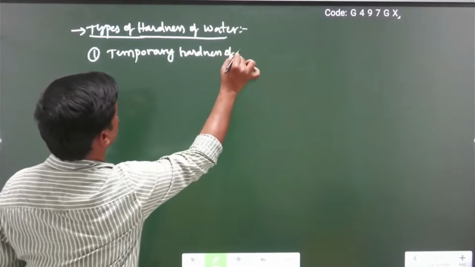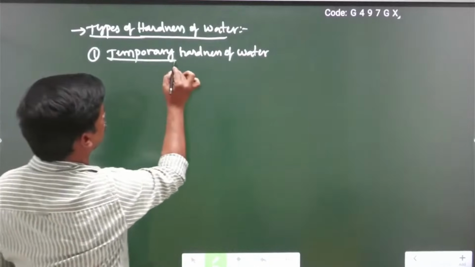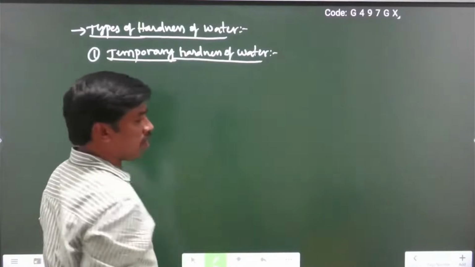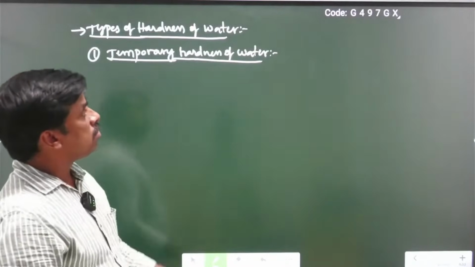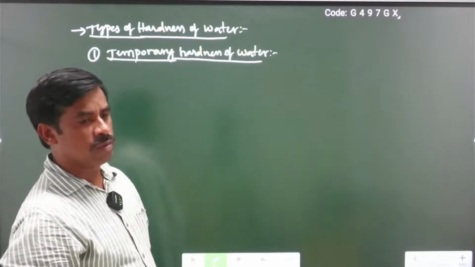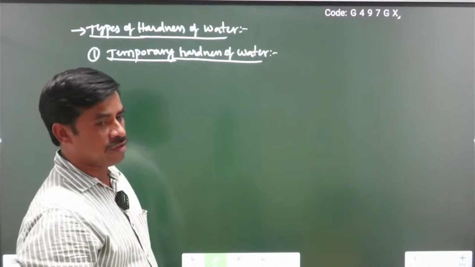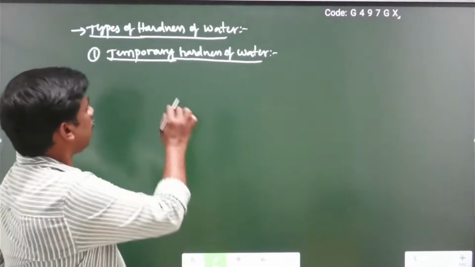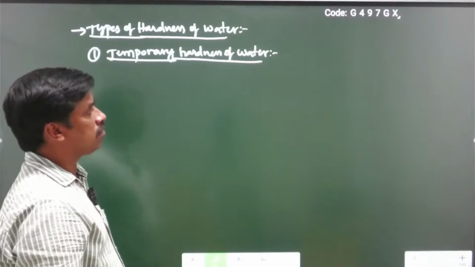Bicarbonates of calcium and magnesium are responsible for this temporary hardness.